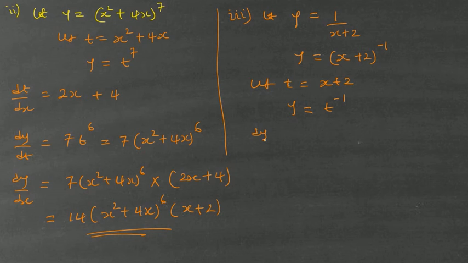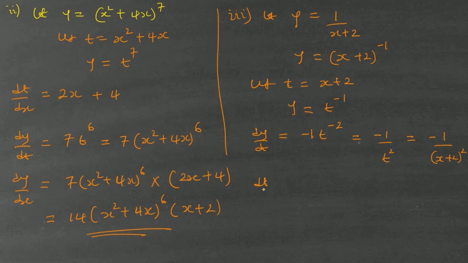So dy/dt equals, the -1 drops, times t to power -2, which you can write as -1 over t squared. Feeding in the t, it will be -1 over x plus 2 squared. Leave it there.